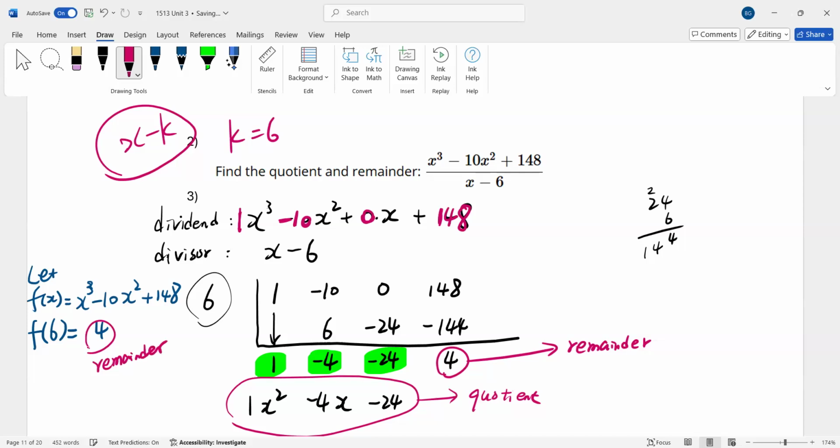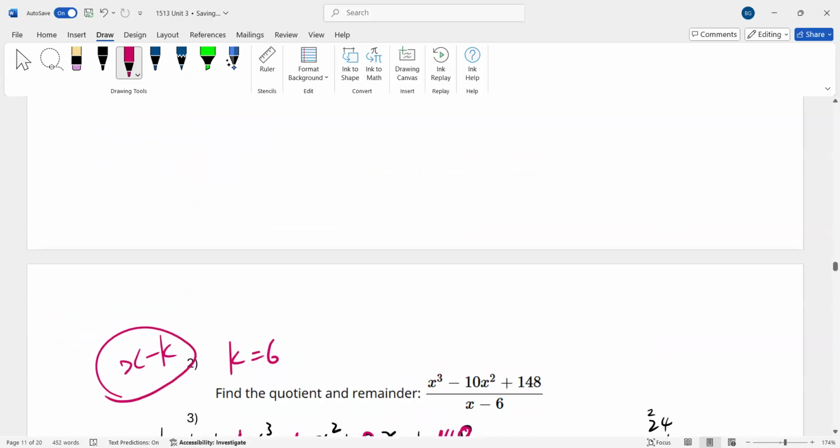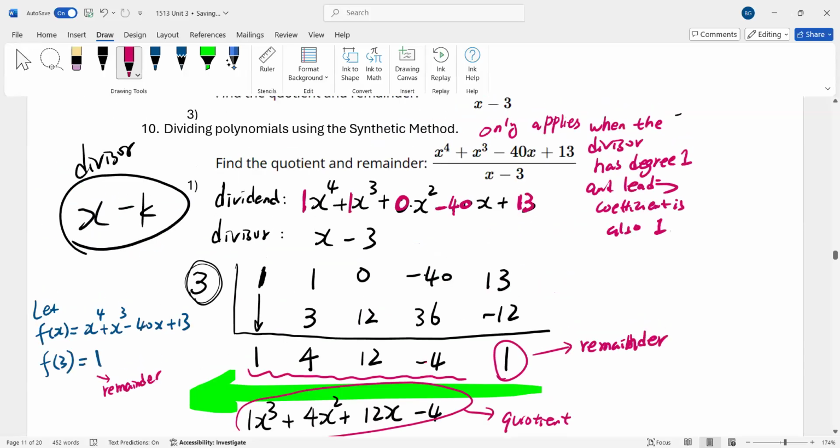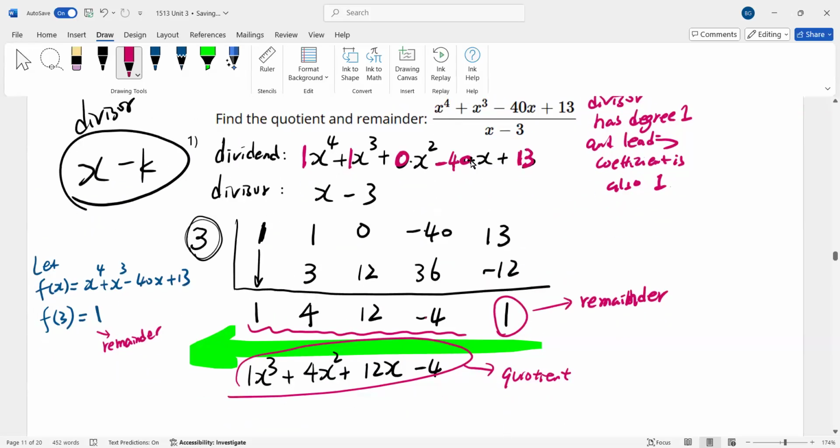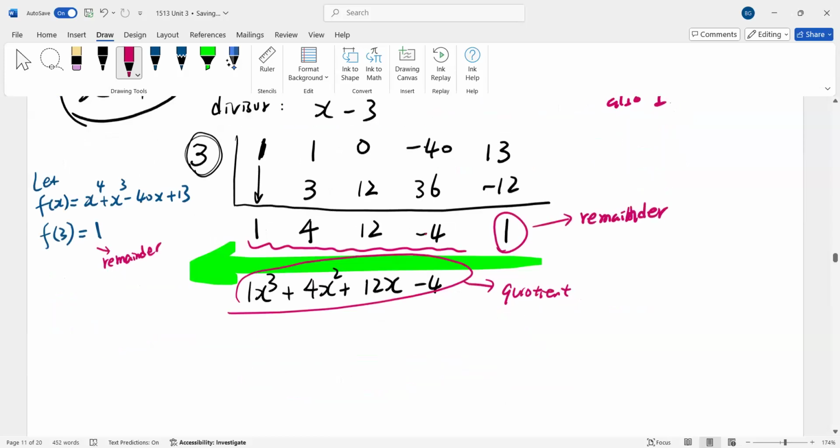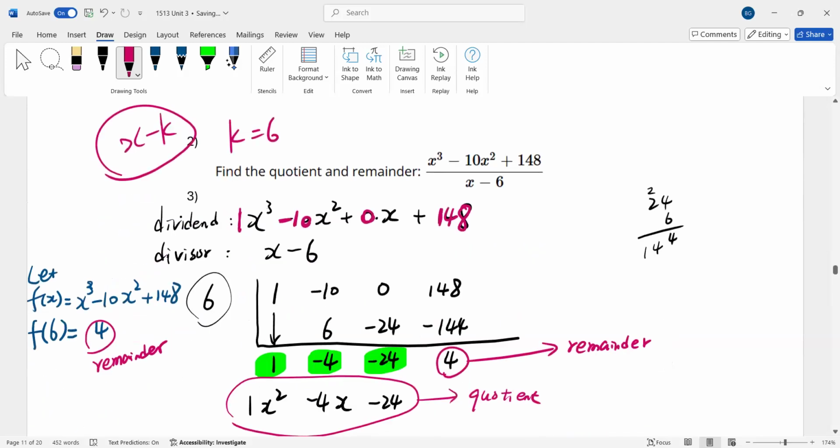If you haven't seen the pattern yet, let me show you the pattern again. f of x is the numerator, and the number I asked you to plug in is the k in the denominator, right? The result, when you plug in k, is always equal to the remainder. Same with this problem.